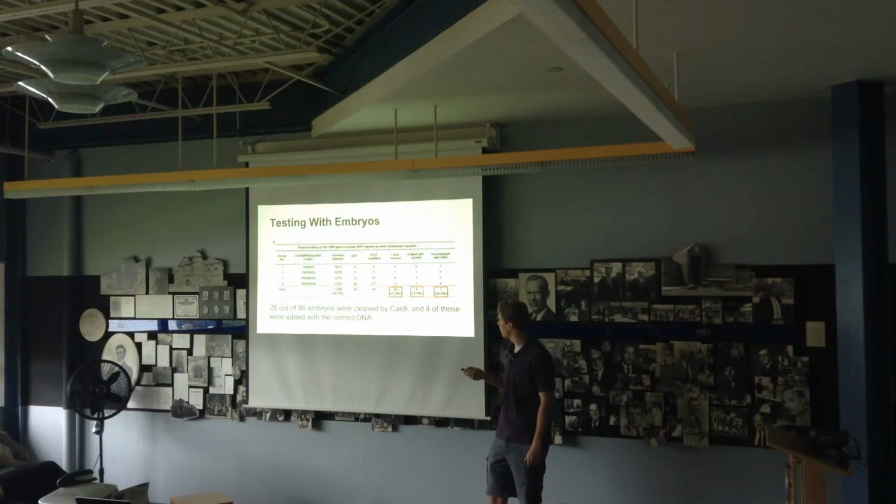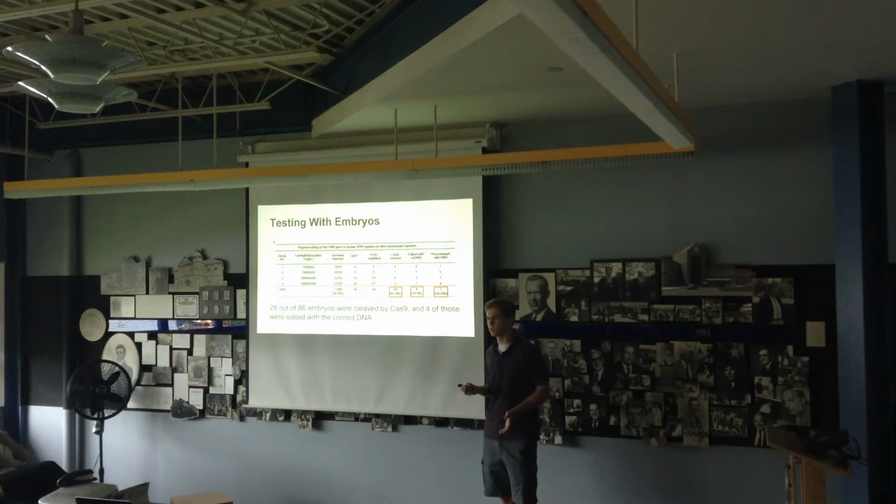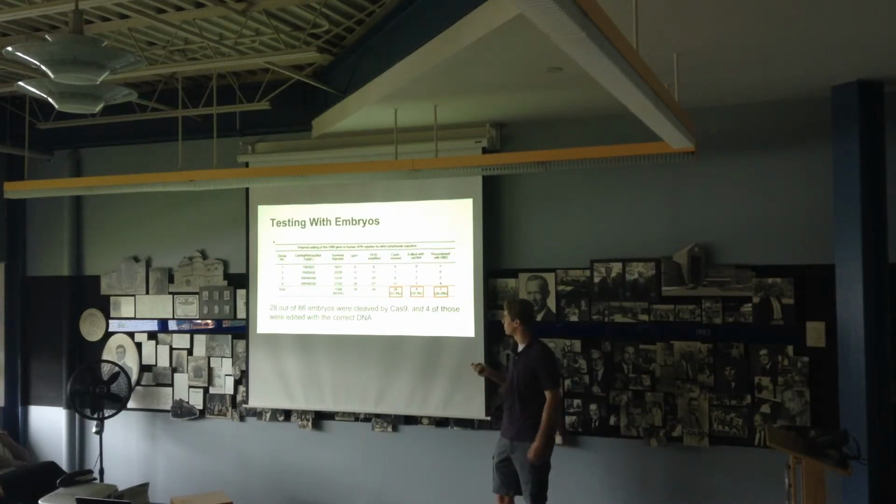And then the remaining 17 Cas9 cleaved embryos were actually repaired using that non-homologous end joining thing I mentioned earlier, where the cell just sticks the two pieces of DNA back together, which, as I mentioned, is a problem because that can cause mutations for one thing, and also, again, it means that they're not acquiring the specific mutations that these four are. So this is the first problem they identified, that the cells weren't always using the DNA that the researchers want them to use.